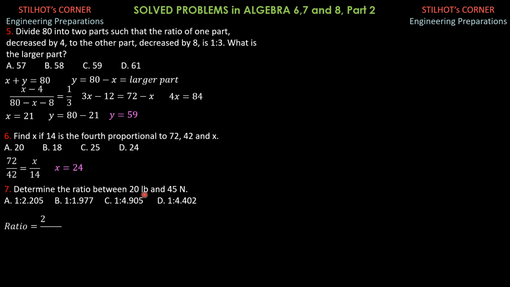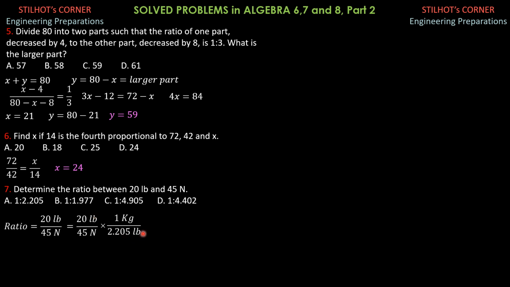So ratio equals 20 pounds over 45 newtons. So we multiply 1 kilogram, which corresponds to 2.205 pounds. So 20 pounds over 45 newtons times 1 kilogram over 2.205 pounds.